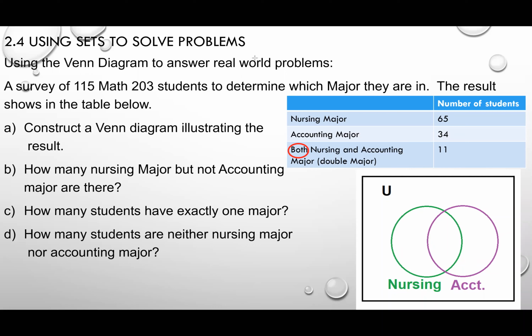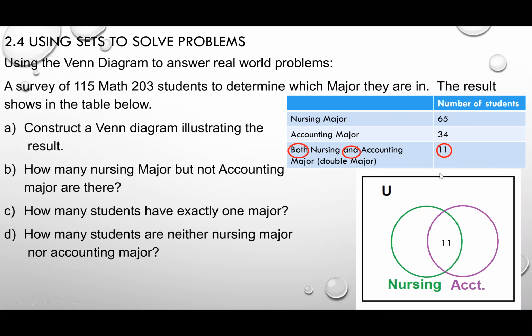No. How many are taking both nursing and accounting? 11. So these 11 individuals are all the people in this particular region, the 11 people who are in nursing and also accounting.